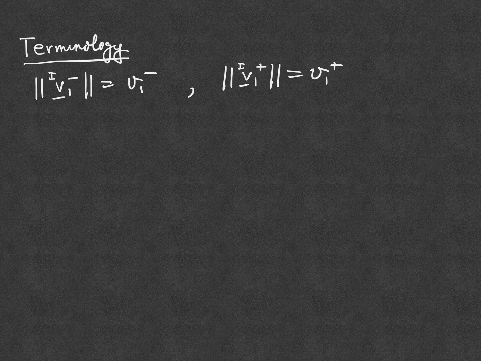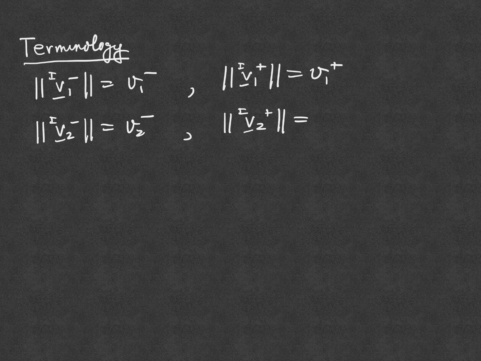So in a manner similar to that, v2 minus I in magnitude will be denoted v2 minus, and v2 plus I in magnitude will be denoted v2 plus. So what we're going to do is use the terminology that was just stated together with the structure of the impulses to determine the total impulse for the Hohmann transfer.